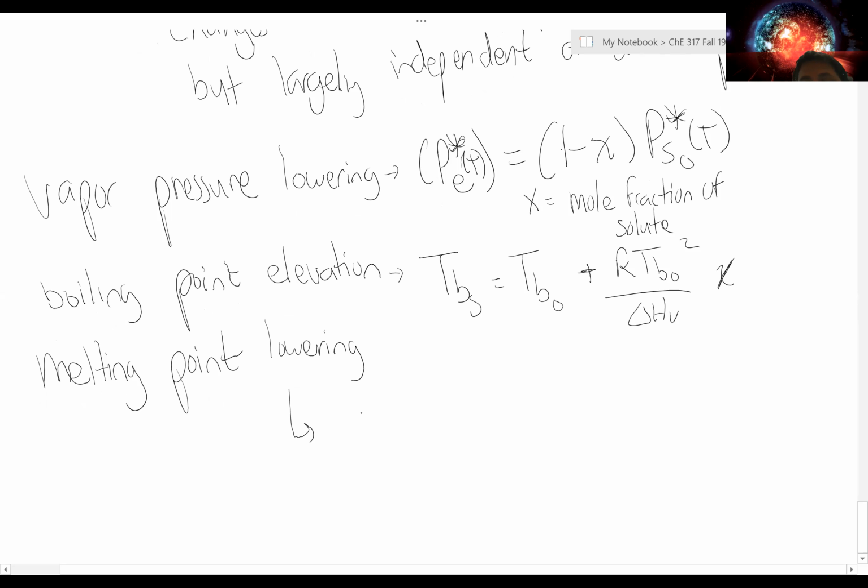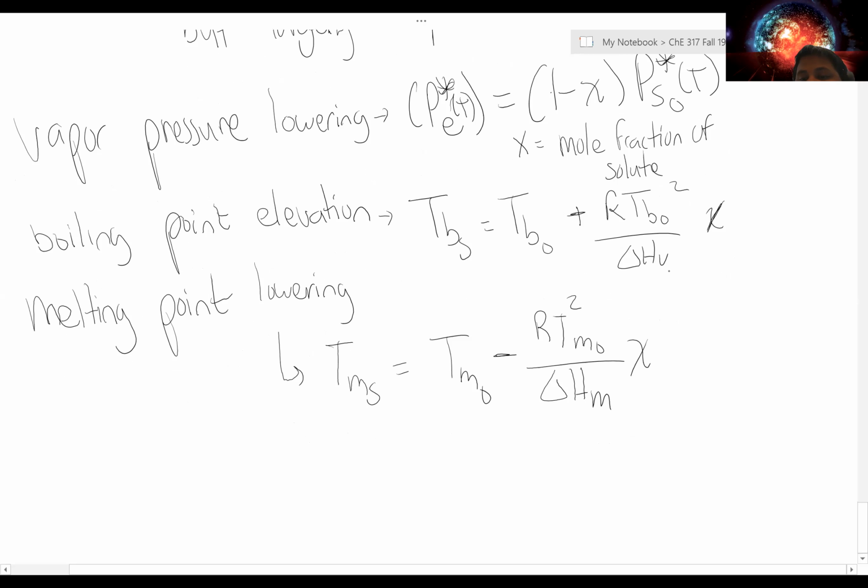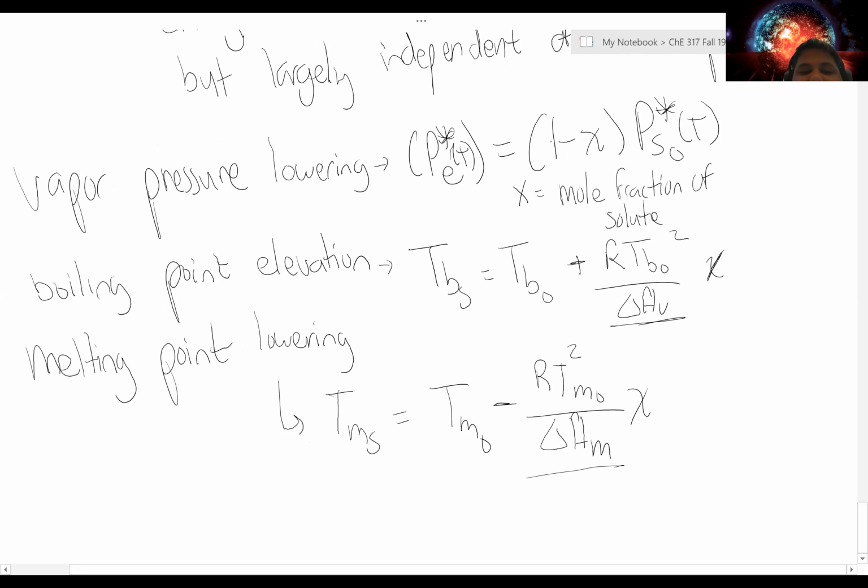And the melting point is the normal melting point minus RT squared over delta H m times X, where delta H sub B is the enthalpy of vaporization of your solvent, and delta H sub m is the enthalpy of fusion of your solvent. So your boiling point increases, your melting point is lowered.